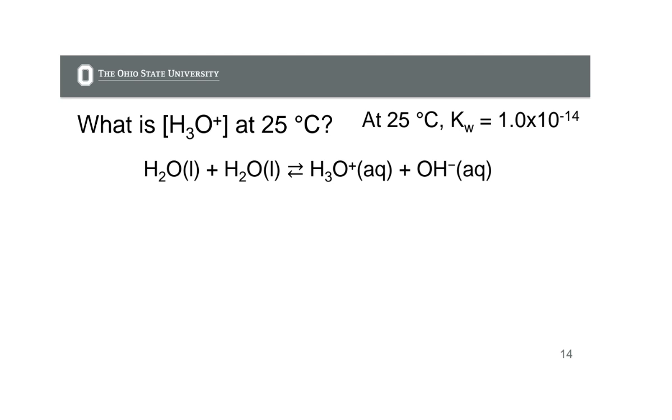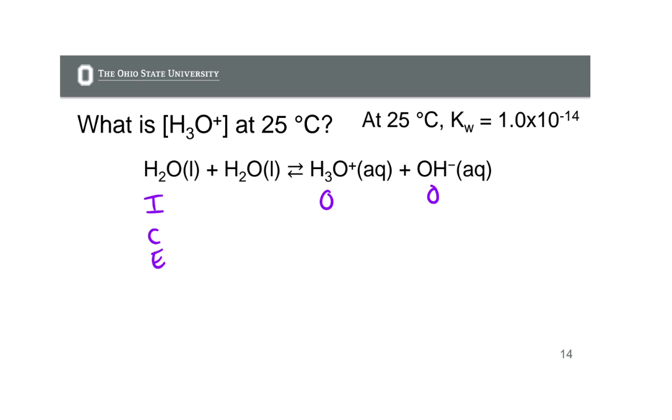All right, so this is an ice table. We don't know any concentrations of anything initially. And the concentration of water doesn't matter for our equilibrium. Water's a liquid, we assume that the concentration is constant. So what we know is that initially, we start out with 0 moles per liter of H3O plus and OH minus.